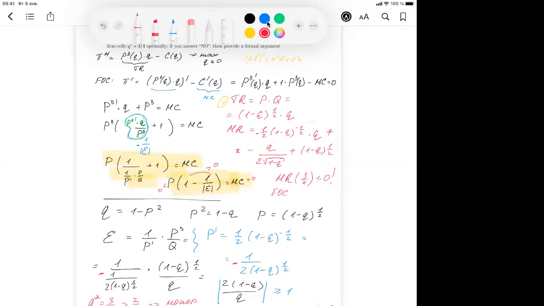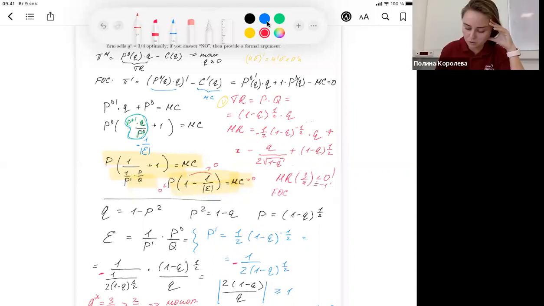А в оптимуме должно быть MR равно MC, а MC у нас положительное. Следовательно, противоречие, следовательно, ответ нет. Да, так тоже можно было. Но мне нужно было рассказать про связь с эластичностью, как повторение на занятии, но ваше решение тоже очень неплохое.